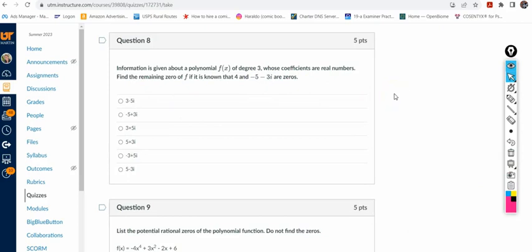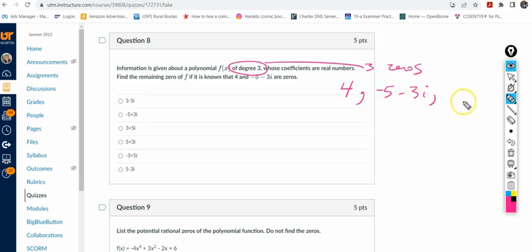We have a polynomial of degree 3 whose coefficients are real numbers. So we're going to have 3 zeros if we count any repeated zeros. And we know that one of them is 4, and one of them is -5 minus 3i.